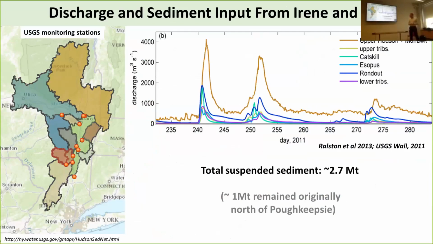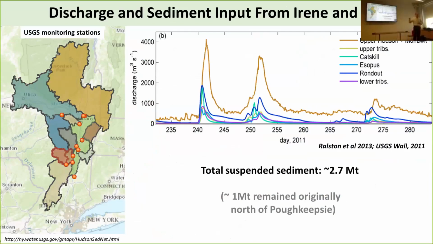Through a monitoring station that USGS is running near Poughkeepsie, they monitored how much sediment was passing by, and they saw that 1.5 million tons of suspended sediment was washing through south of Poughkeepsie.